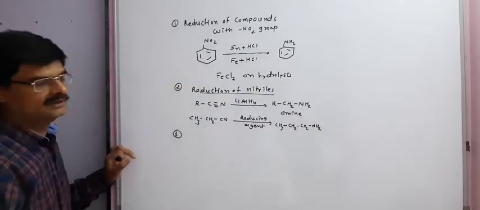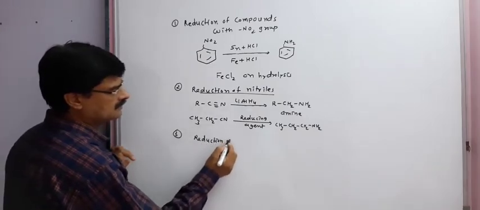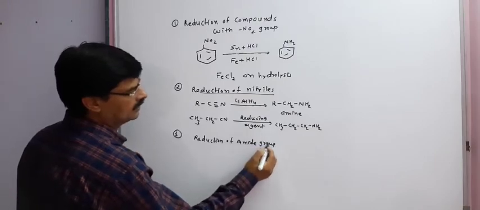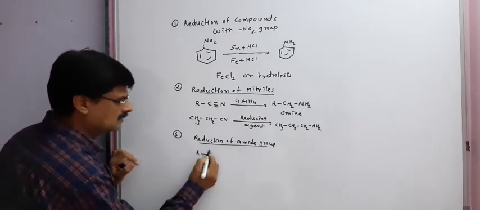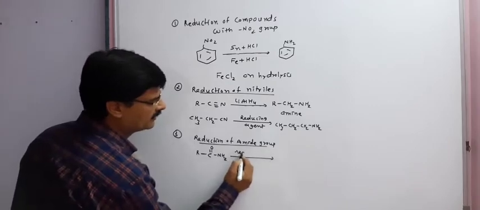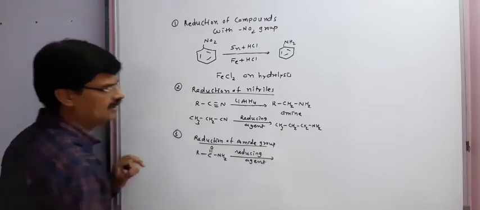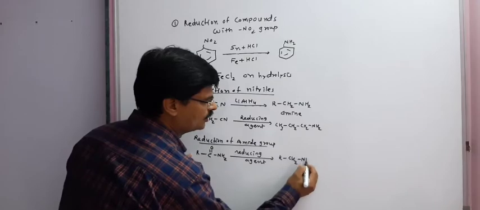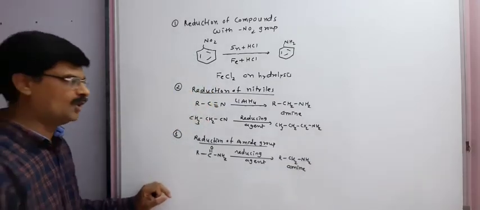Third, by reduction of the amide group, or compounds containing the CONH2 group. RCONH2, again in presence of a reducing agent, gives RCH2NH2. An amine product is produced.